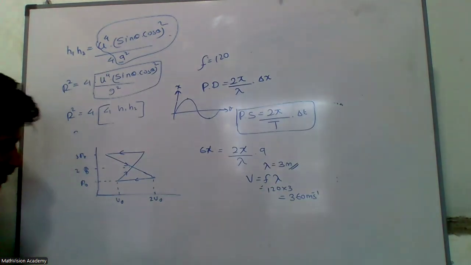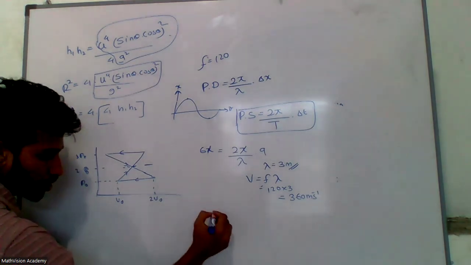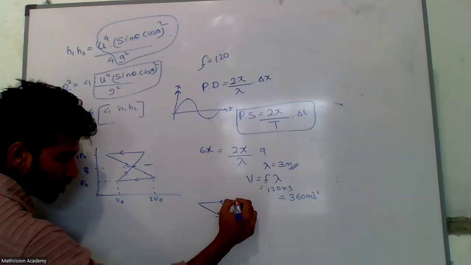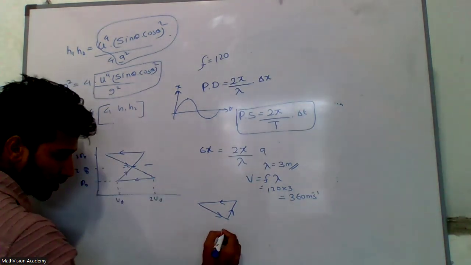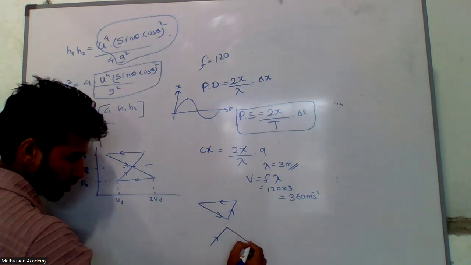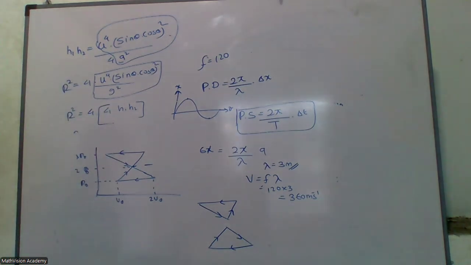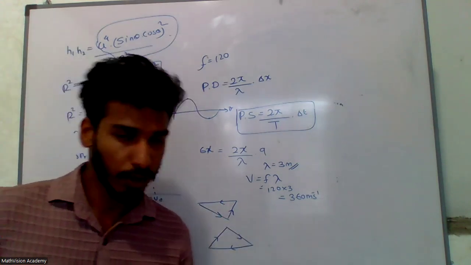If I divide the section from this part, I start chopping this out, I am having a process like this. If I take the bottom part, I am having a process like this. Since it is symmetric, you might say it is 0, it's fine.